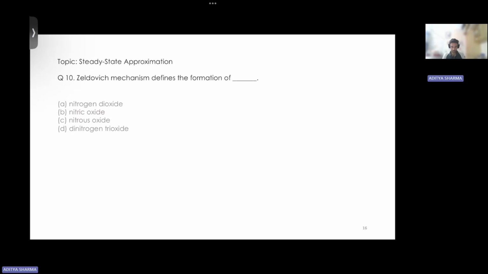So the question states, this is question number 10, that the Zeldovich mechanism defines the formation of, so which of these four is defined using the Zeldovich mechanism?